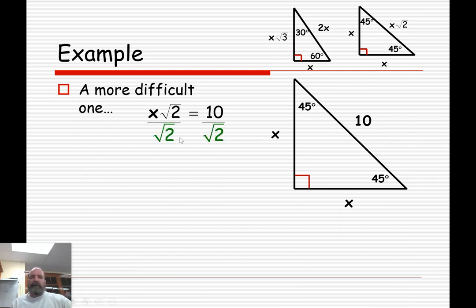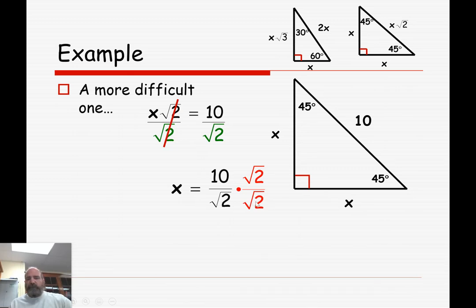So in this one, I just have to do some algebra skills and use my knowledge of radicals that we did. I divide by square root of 2. Okay. And then I don't want a radical in the denominator, so I times both top and bottom by square root of 2 over square root of 2. And you might pause me here if you need time to write it down.